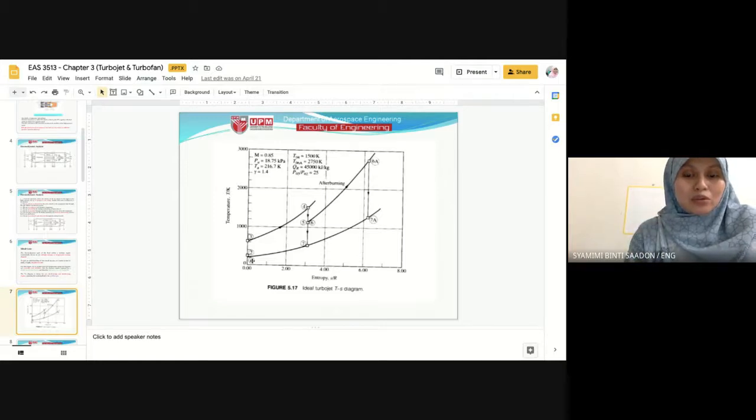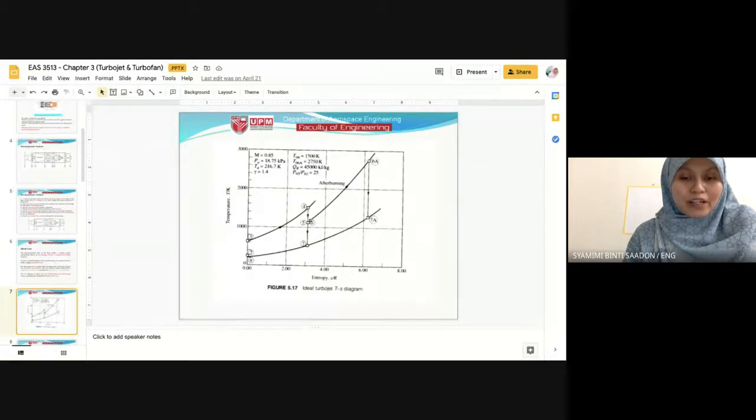So A to 1, location 1, in the TS diagram is the same point, because the temperature and pressure are assumed to be more or less the same at points A, 1 and 2. So 2 to 3 is the compression in the compressor, and 3 to 4 is the combustion chamber. 4 to 5 is the first expansion in the turbine.